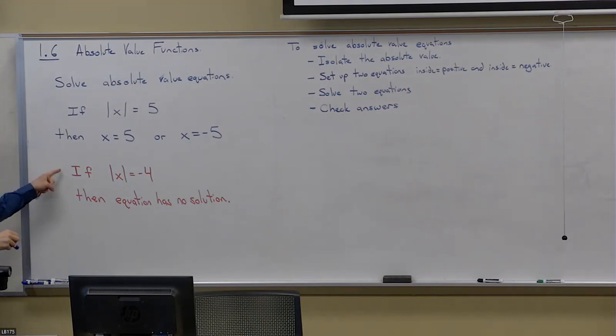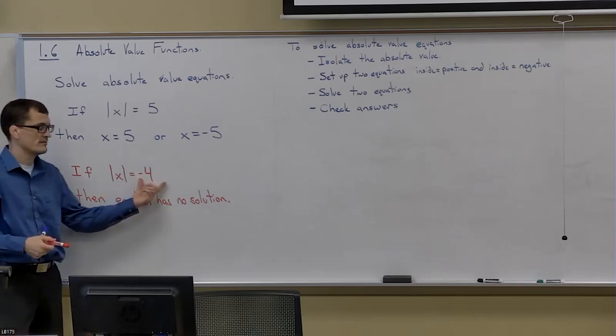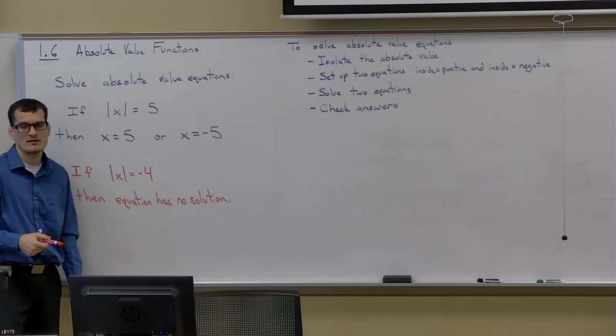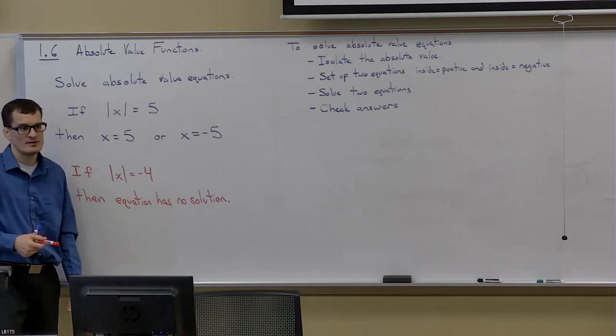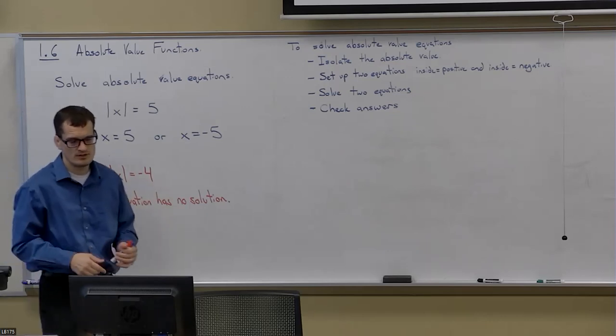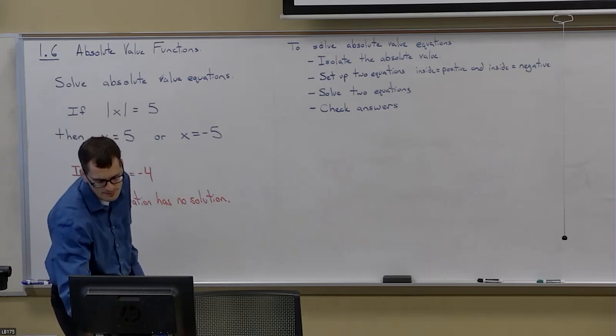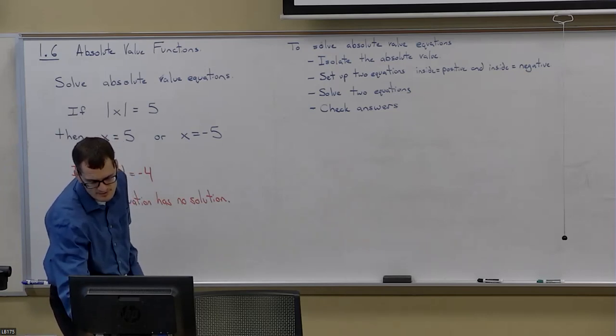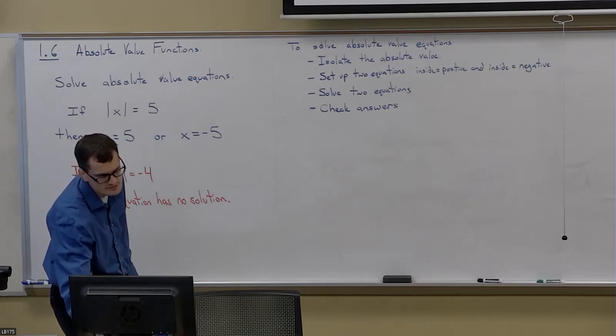Again, we want to avoid a situation in which we have variables on the left and the right, and you end up putting in a number and you get a negative value over there. Does that make sense? So that's the idea with absolute value equations.